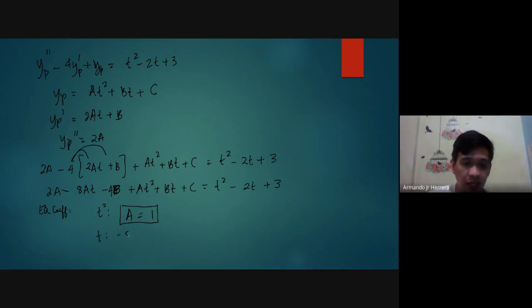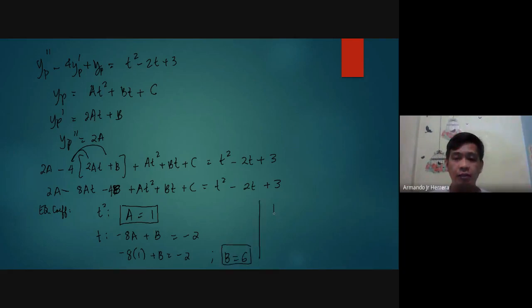So negative 8a, b, wala, plus bt, that's b, equals negative 2. So substituting negative 8 times the value of a, which is 1, plus b is negative 2. So this is negative 8, transpose is positive 8, minus 2 is 6. So b is 6.